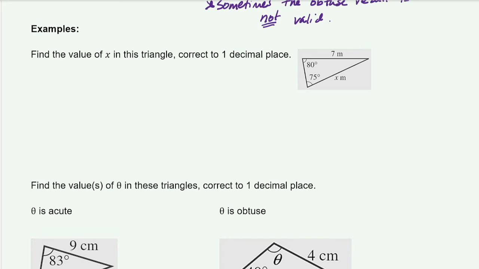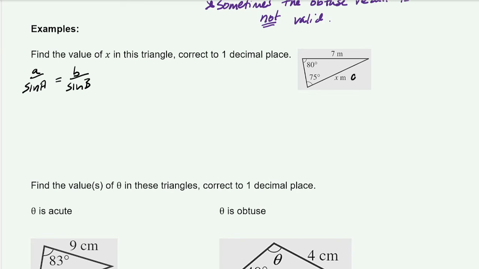Find the value of x in this triangle correct to 1 decimal place. So let's start with our rule. And then I'm going to give it some labels over here.